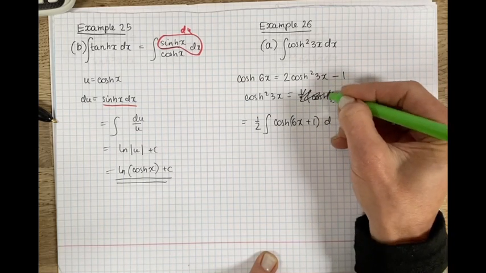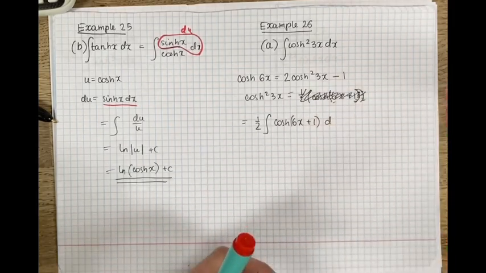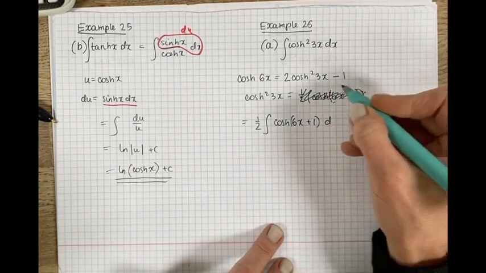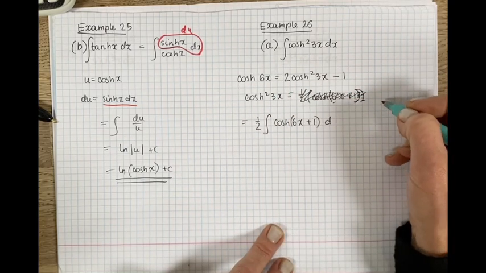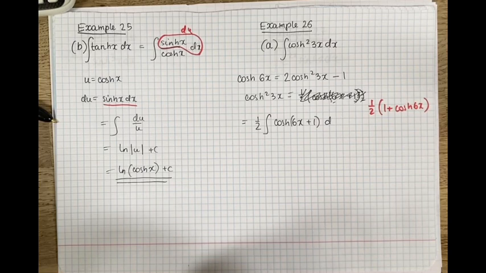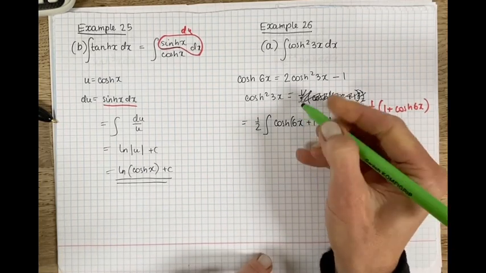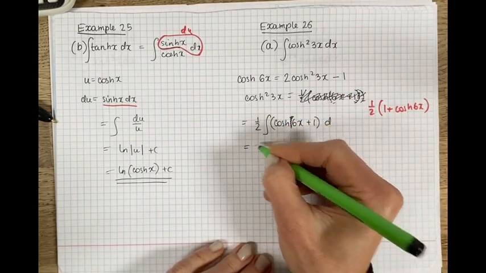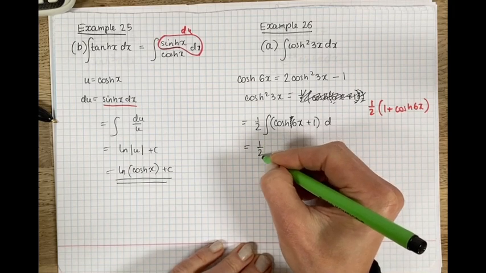Okay, let me just rewrite it, because that was fine to begin with. So it's going to be 1 plus cosh 6x, so don't get muddled up again. I don't know what happened there. Okay, I've got this extra bracket unnecessary. All right, that's better.